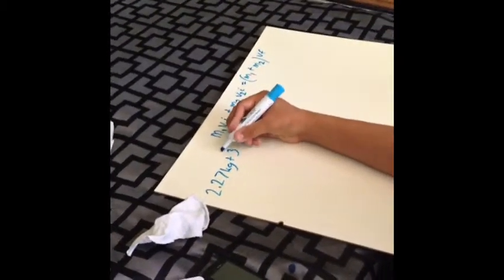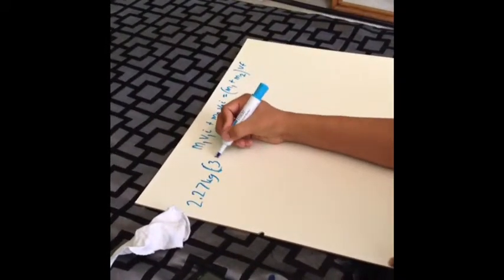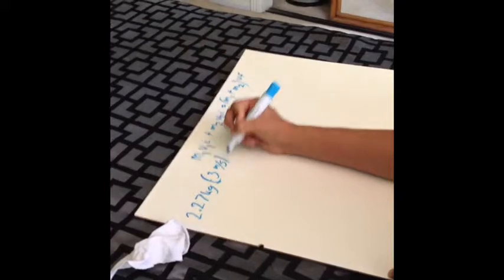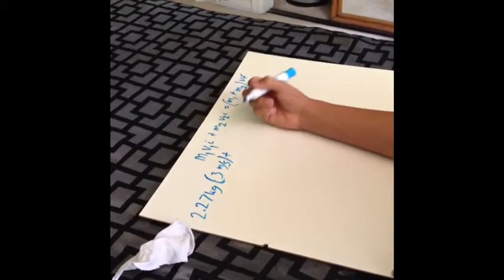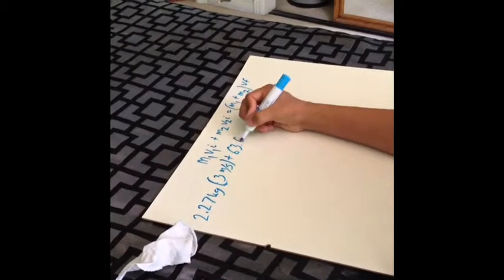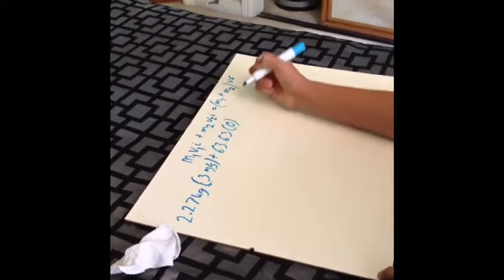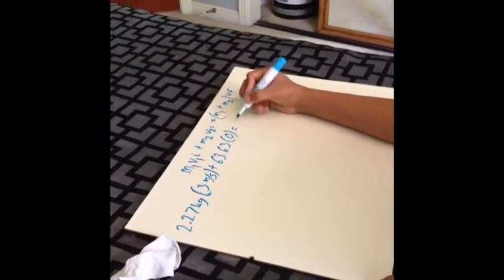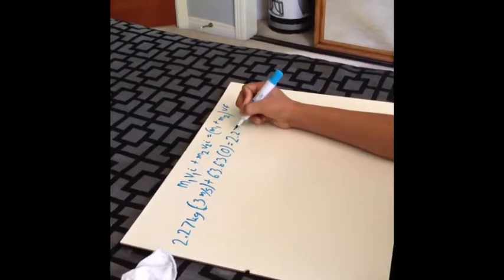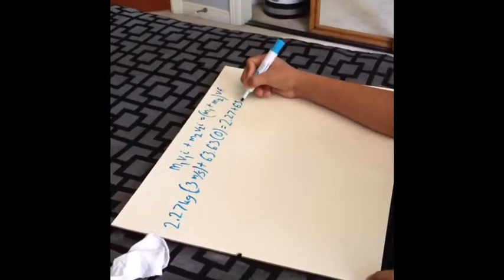Now the equation for it is mass 1 times velocity 1 final plus mass 1 times velocity 1 initial equals negative mass 2 velocity 2 final plus negative mass 2 velocity 2 initial, whichever one I said.